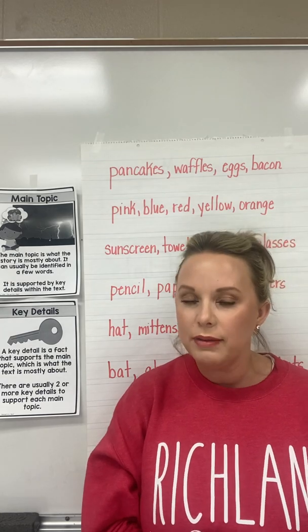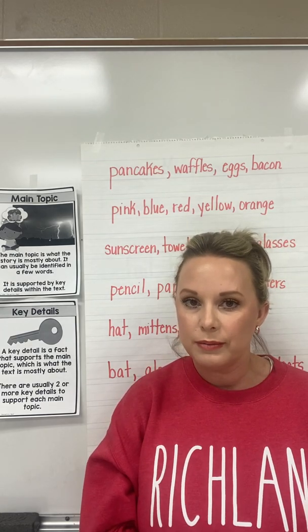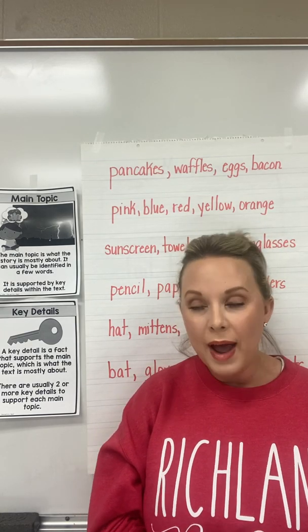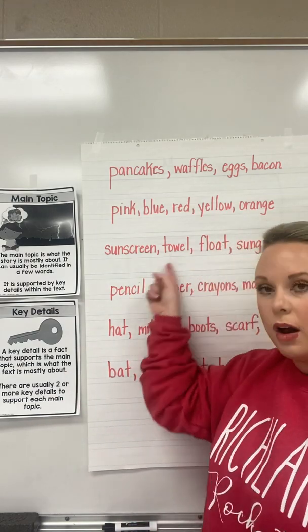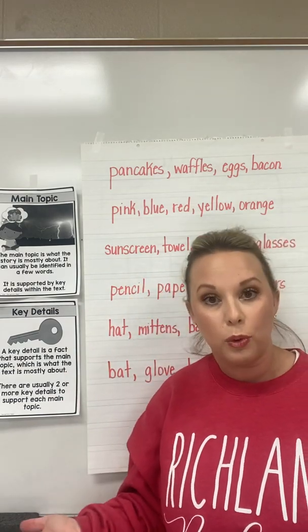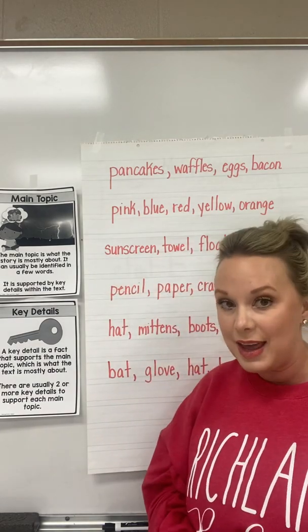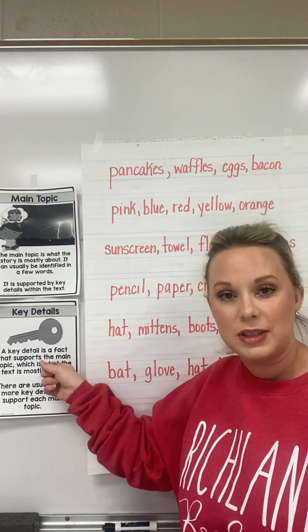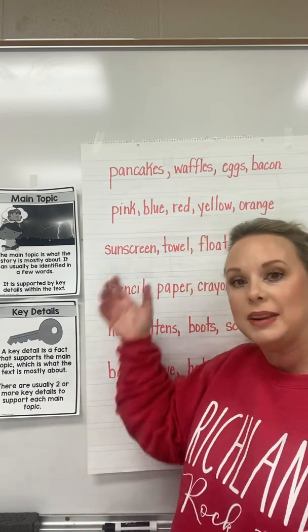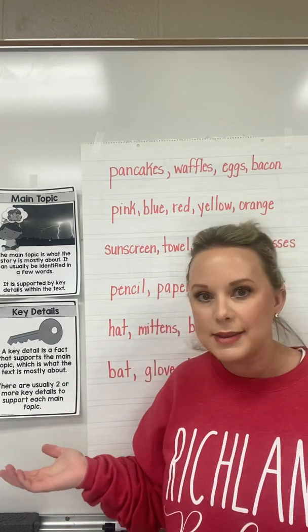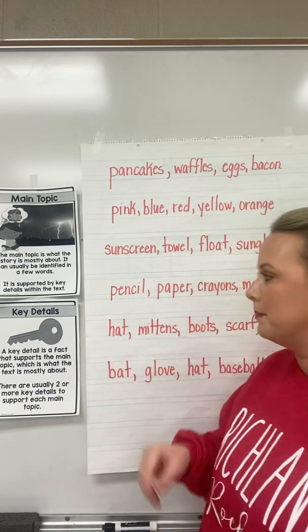What do all of those things have in common? Right, those are things that we would enjoy on a summer day if we were going to the pool or to the beach. So individually, they are different things. Those are like key facts or details. They're different, but they all support a nice summer day at the pool or the beach.